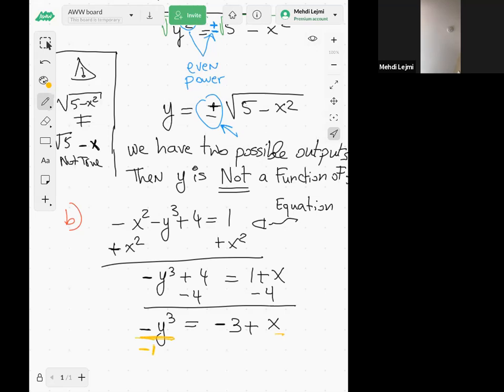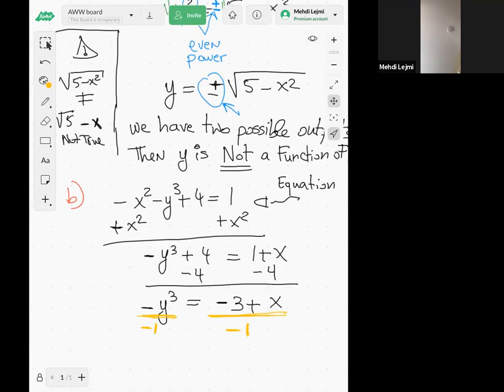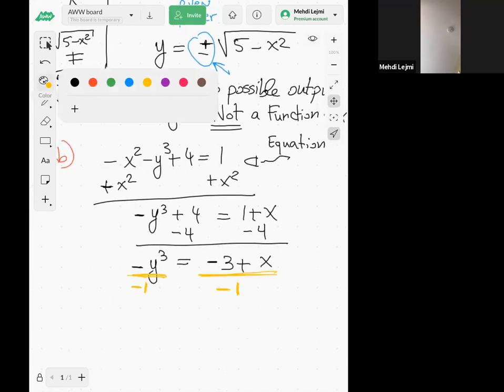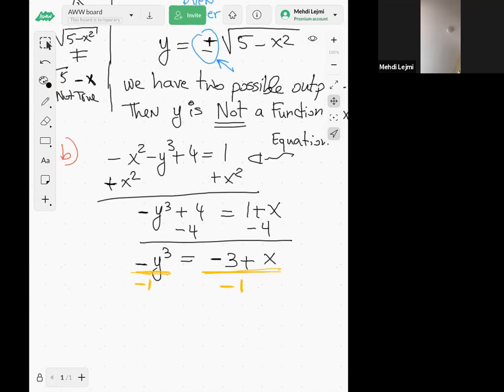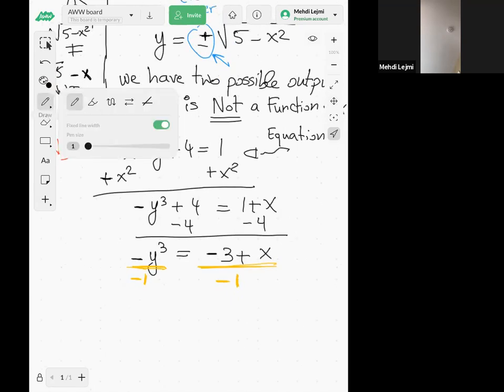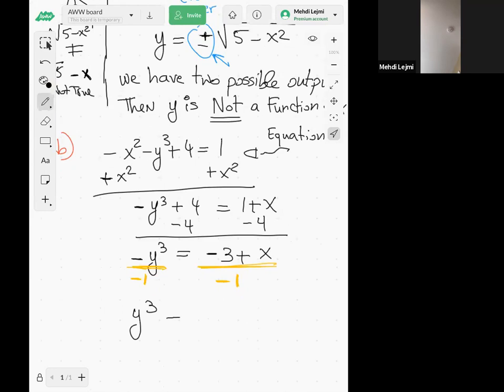Negative over negative is positive, so that would be y cubed equals negative 3 over negative 1, that's positive 3, plus x squared over negative 1, that's minus x squared.